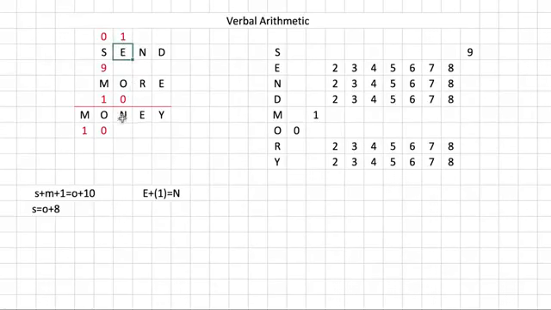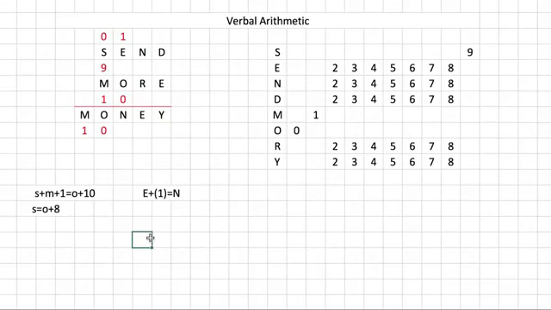And we also know that N is one more than E. Whatever the value E has, N will be one more. Okay. Now we have N and E in this equation as well, right? In this column.